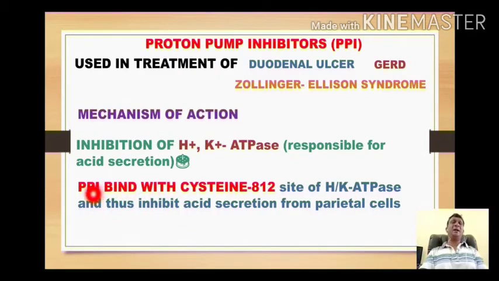So when the proton pump inhibitors bind with cysteine 812 of hydrogen potassium ATPase, there is inhibition of the acid production by this pump, and thus there is decreased or ceased acid secretion.